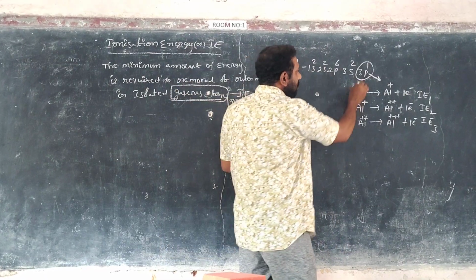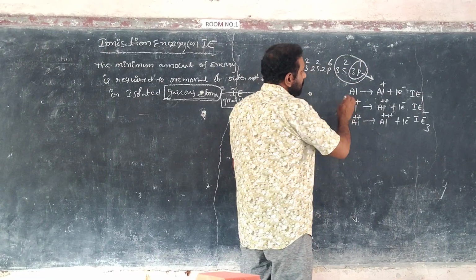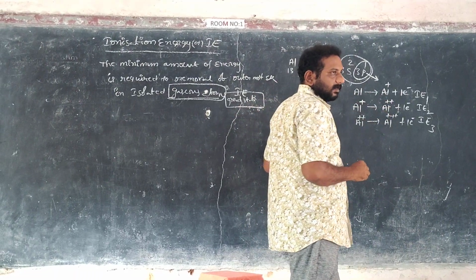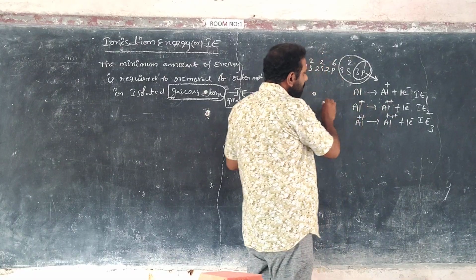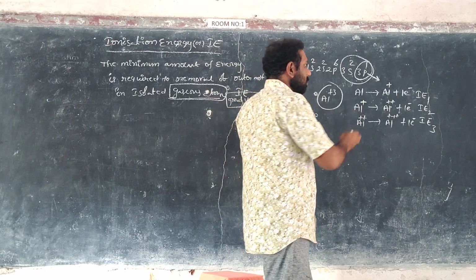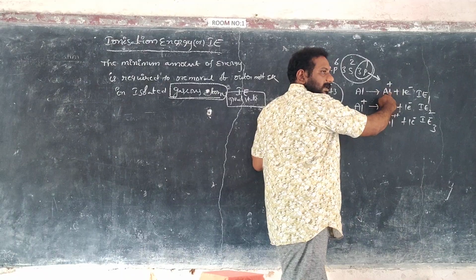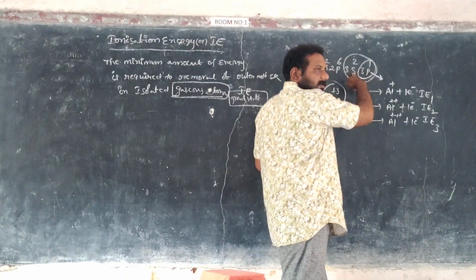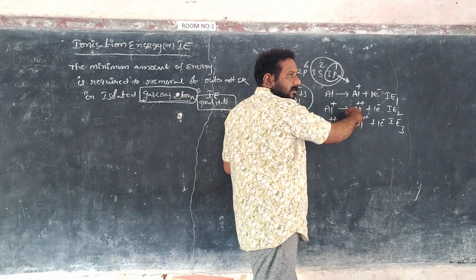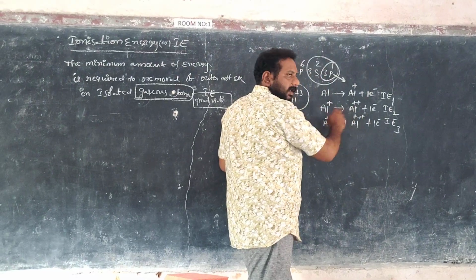Of the outermost 3 electrons, only one electron can be separated at a time. It does not form Al plus 3 directly. First one outermost electron is removed to give Al plus, then the next outermost electron is removed to form Al plus 2, then another is removed to form Al plus 3.